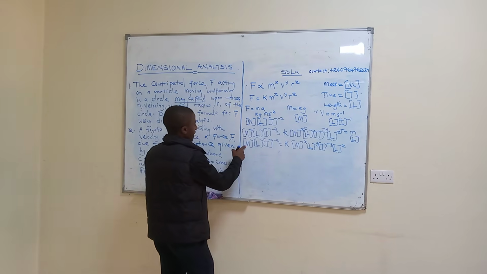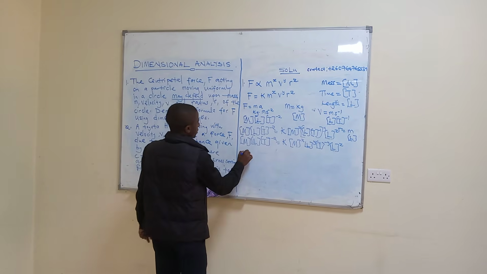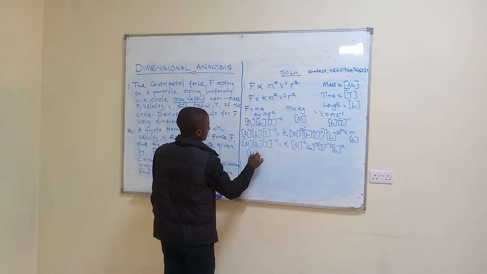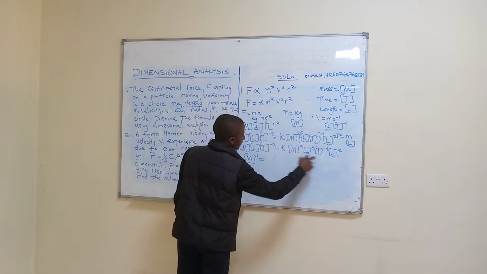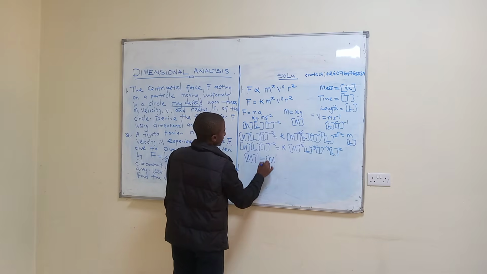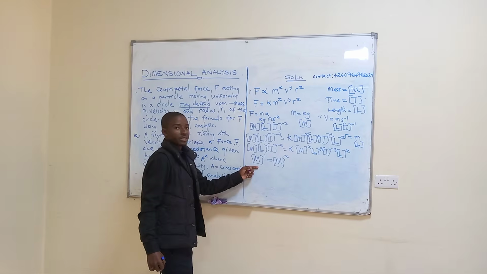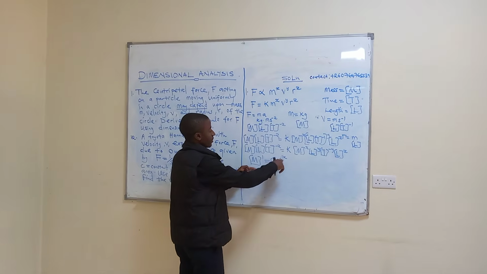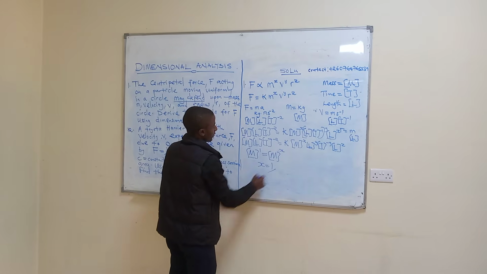So I'll start with M. In this case, M is raised to power 1. So M raised to power 1 is equal to, I'm having M on this side, so M raised to power x. Under rules of indices, the bases are the same, so I'm going to focus on the power, that is x is equal to 1.